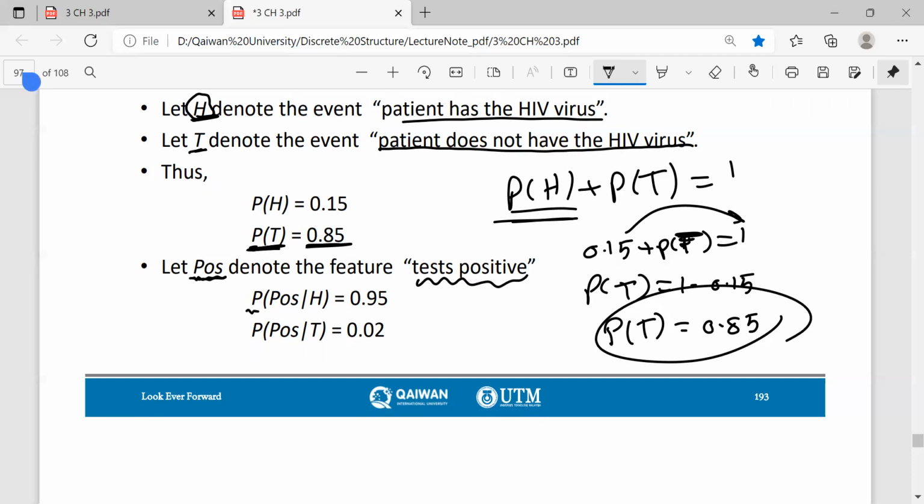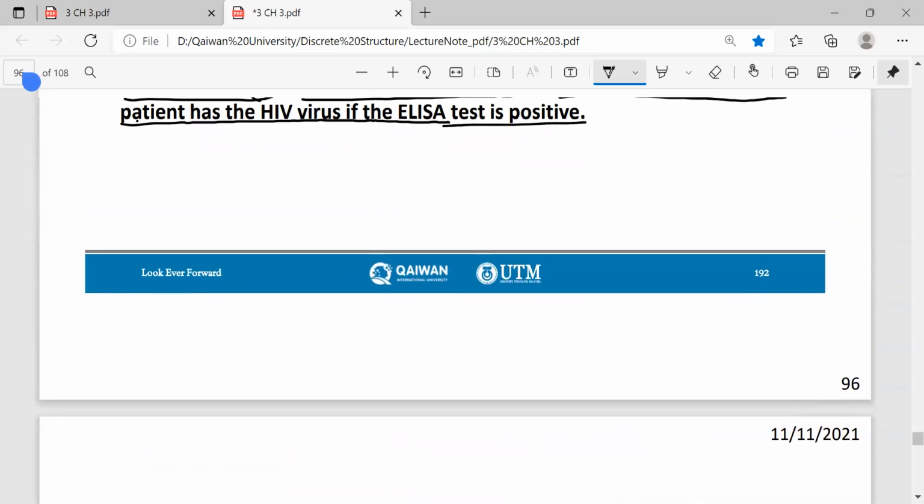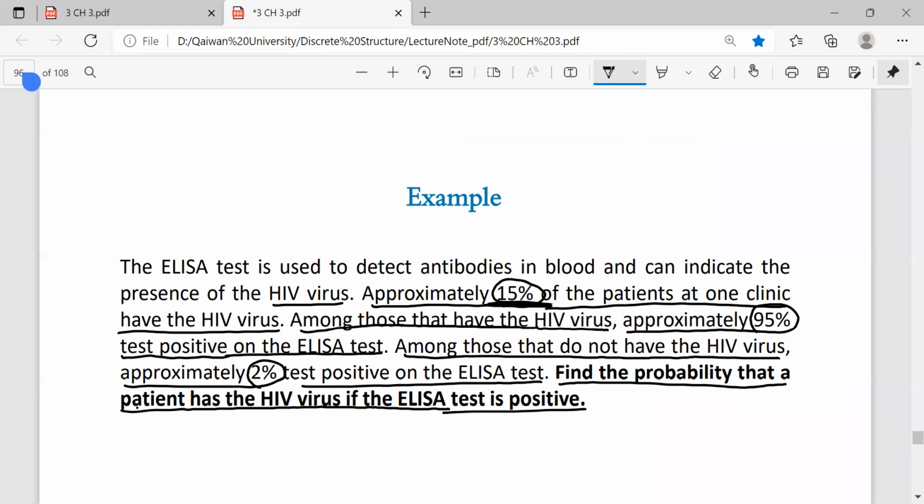So the probability of POS given H. Here we have POS with two other cases, H and T. The probability of POS given H is 0.95. It's given above. It says 95% of the tests are positive among those which have the HIV virus.